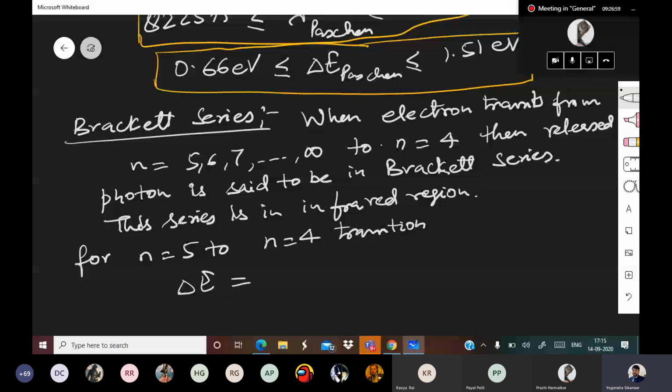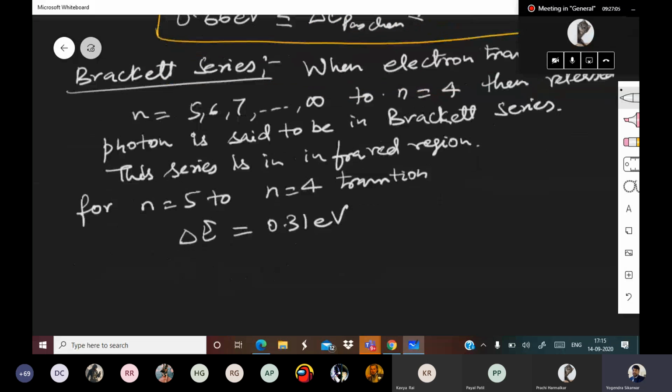Kinmin is also saying it. So delta E is 0.31 eV. So lambda is equal to 12420 upon 0.31.